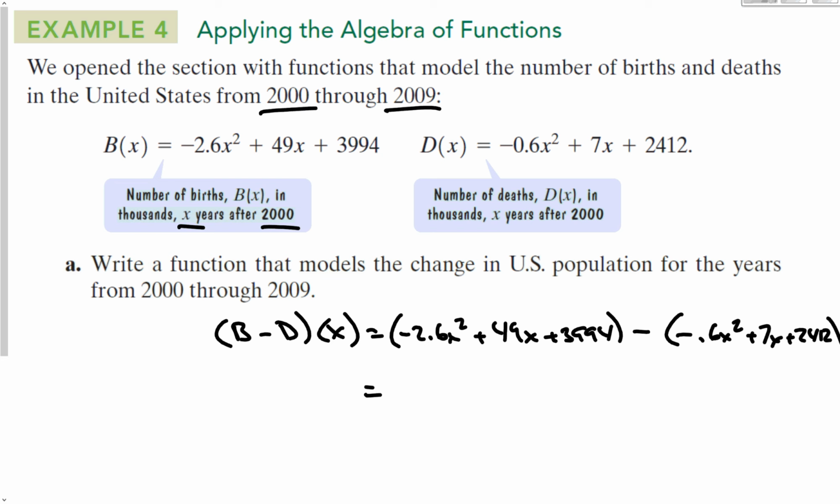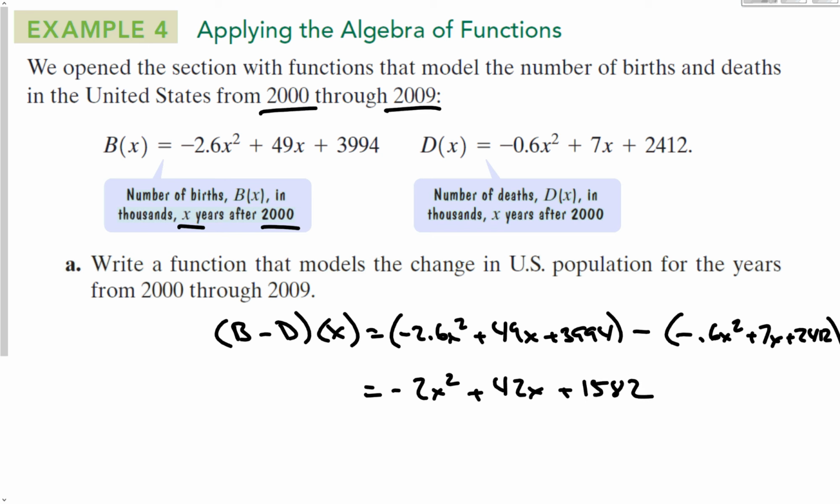Okay. And if we add these together and subtract, I would get negative 2x squared plus 42x plus 1582. Okay.